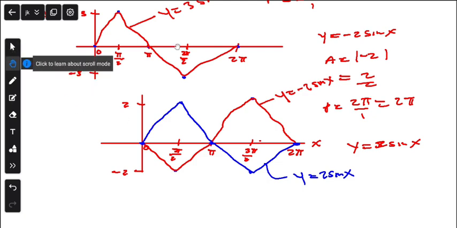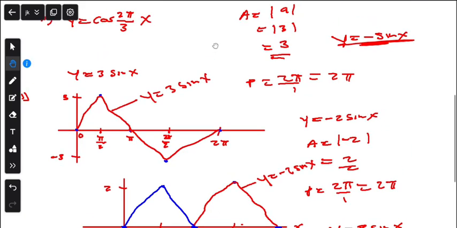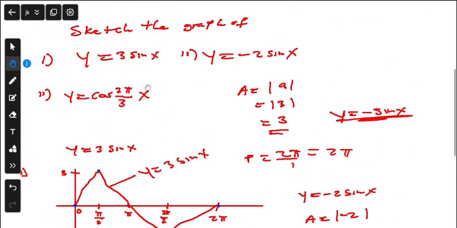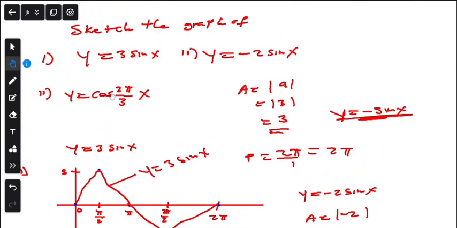So let's answer, I think, the last one. Yeah, the last one, which is this one here. We have cos of 2 pi divided by 3, then x.